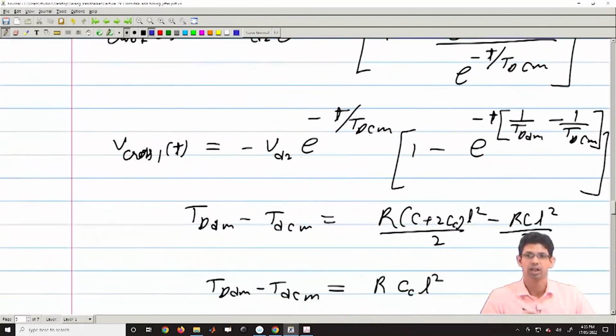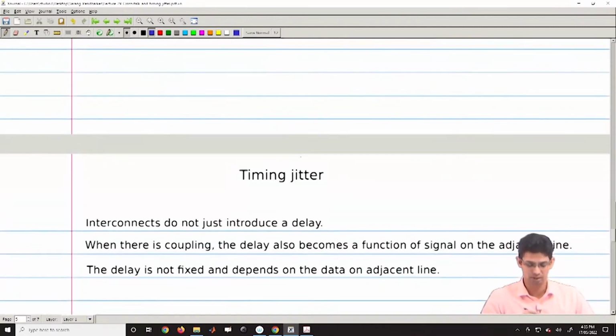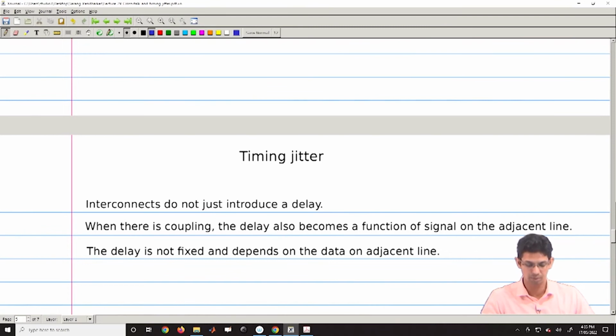Now, another consequence of this coupling is timing jitter. Here we saw that because of the voltage on one interconnect, you are getting a voltage which is induced on the second interconnect. This second effect is interesting in a way that now your interconnects do not just introduce a delay.